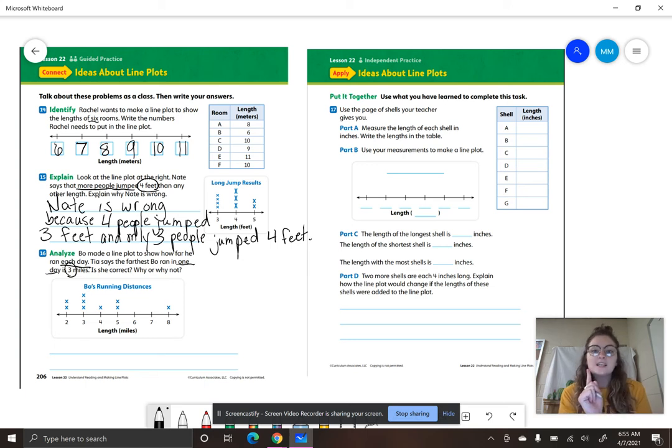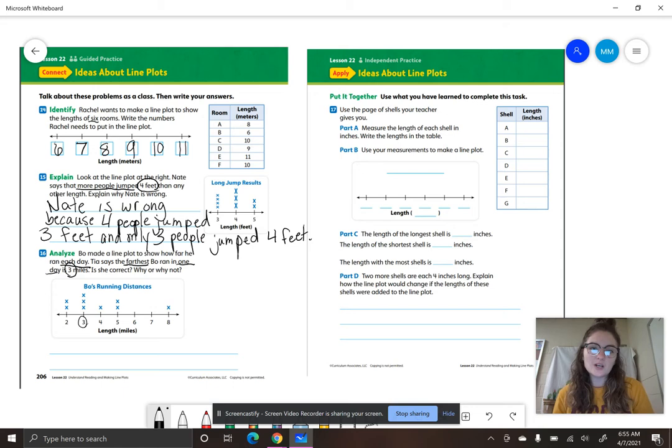Now, think about what Tia says. Tia says the farthest Bo ran in one day is 3 miles. Is she correct? Now look, Smarties. Here's 3 miles. And what is the farthest he ran? The shortest he ran was 2 miles. What was the farthest?